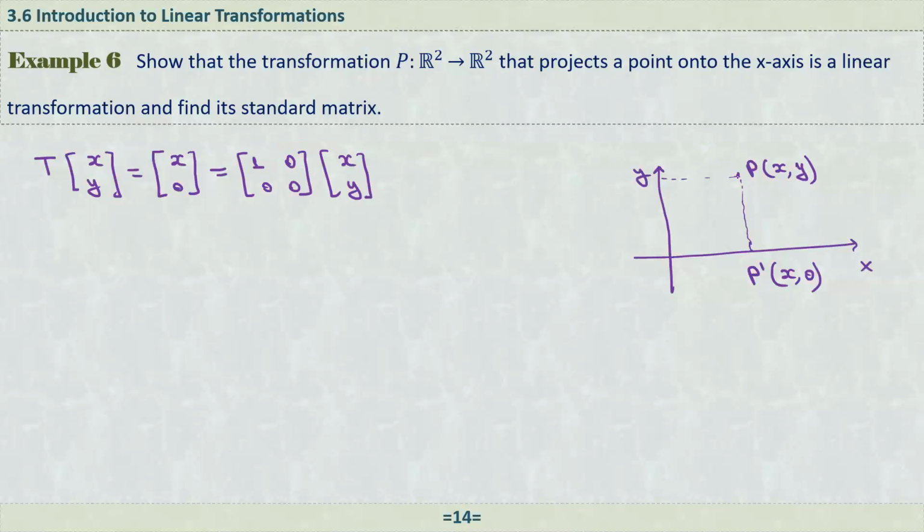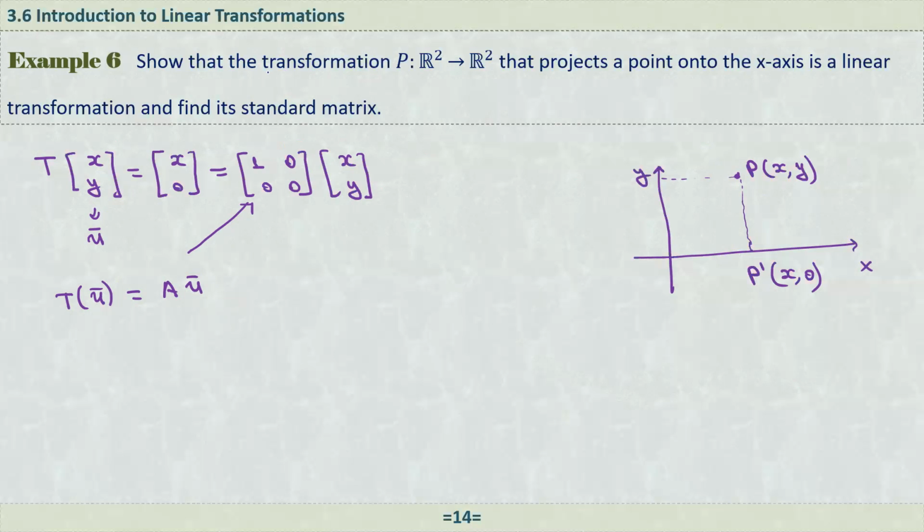So if this vector is u, what's going on here? This one is equal to A times u, where A is this matrix. Since this transformation is a matrix transformation, then we know that it is a linear transformation.